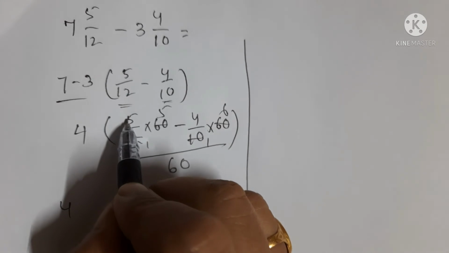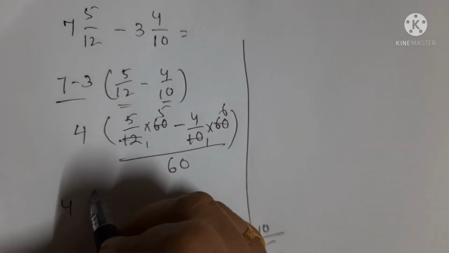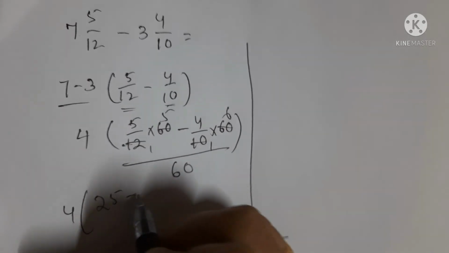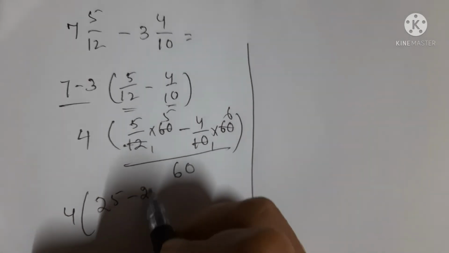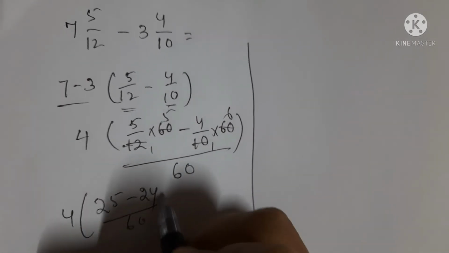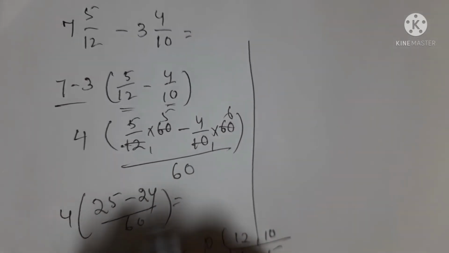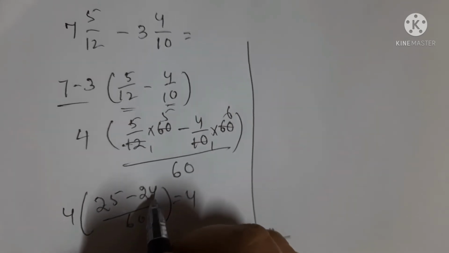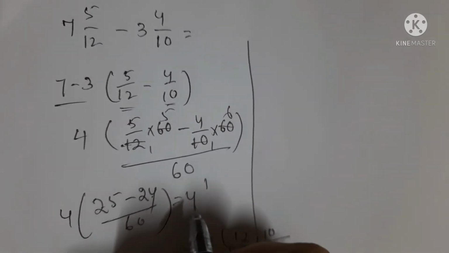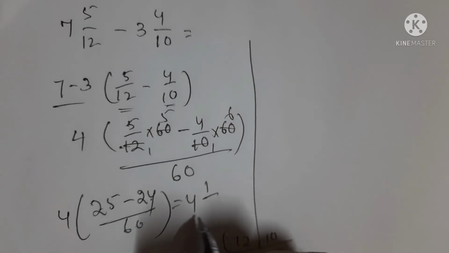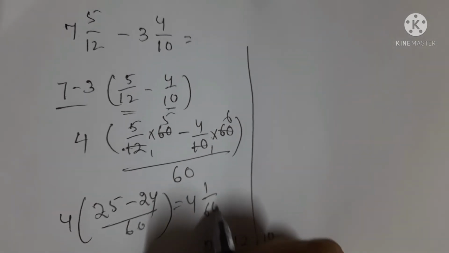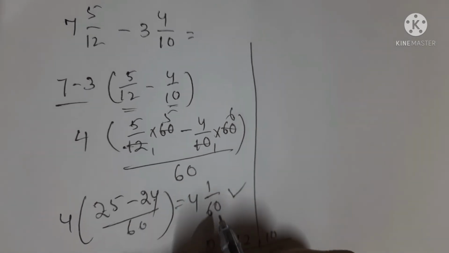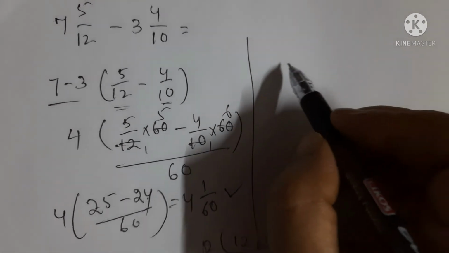Okay, now remaining 1 multiply 5, 5 is 25, minus 4 sixes are 24, by 60. Now both 25 minus 24 is 1, then 60. This is your answer. In another way also we will do it here.